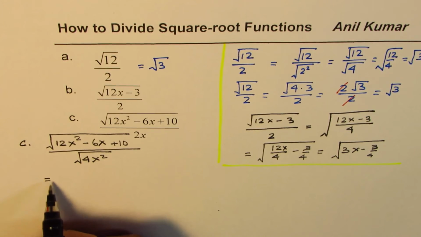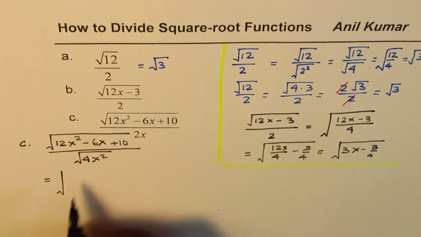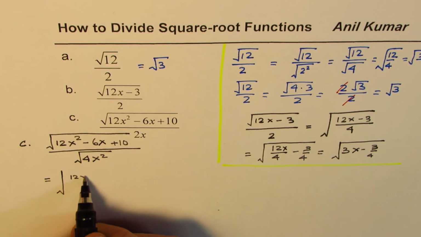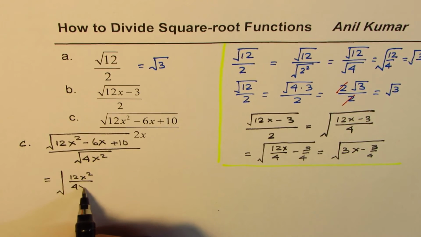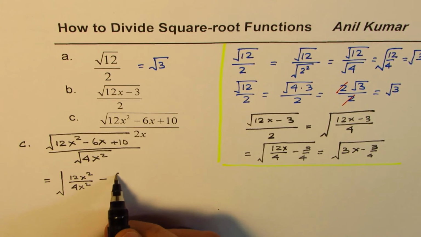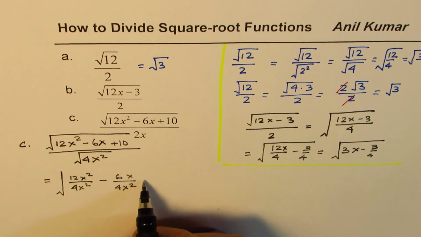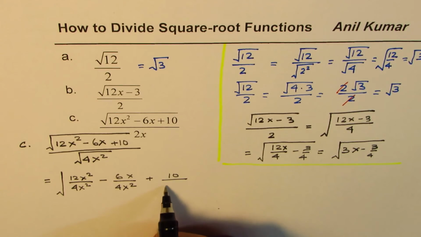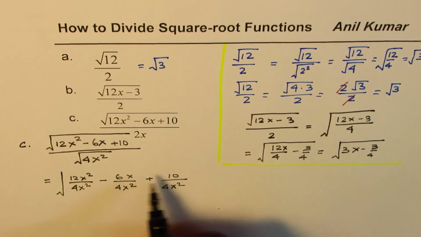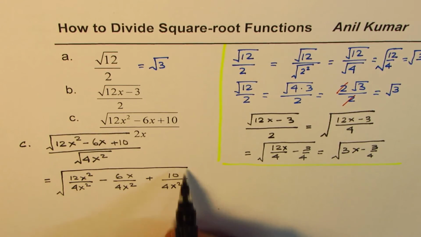Anyway, let's move on with this. That actually gives you an idea that you could do it like this: 12x squared over 4x squared, minus 6x over 4x squared, plus 10 over 4x squared, correct? So it divides into all of them, correct?